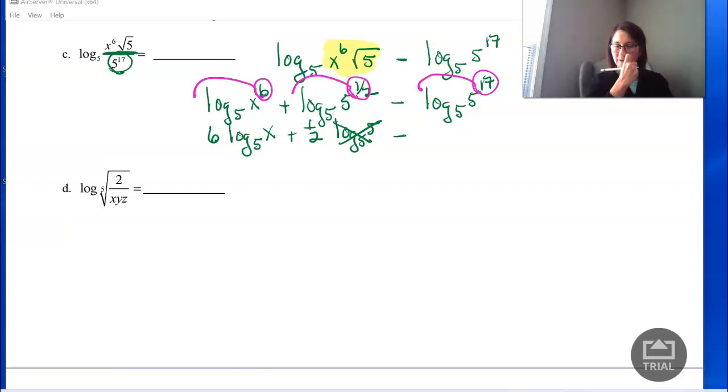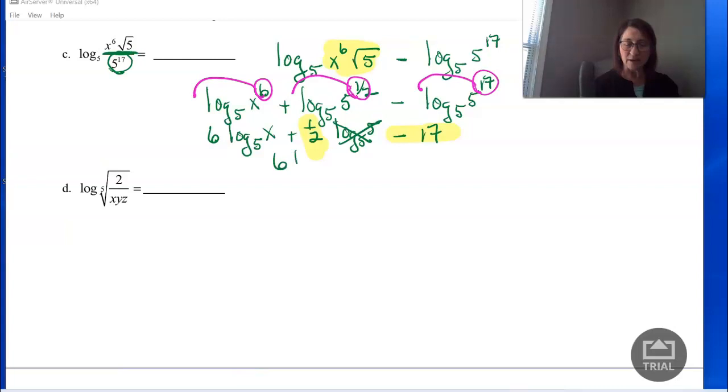The same thing happens when I put that 17 in front. I get log base 5 of 5 again, which is 1. All right, so the only thing I need to do is take 1/2 minus 17, which is negative 16.5. So my final answer is 6 log base 5 of x minus 16.5.